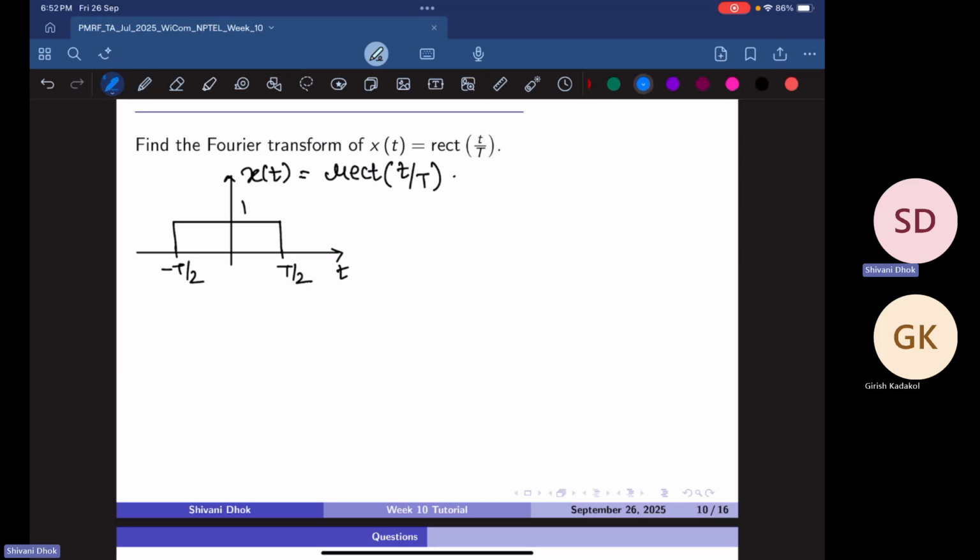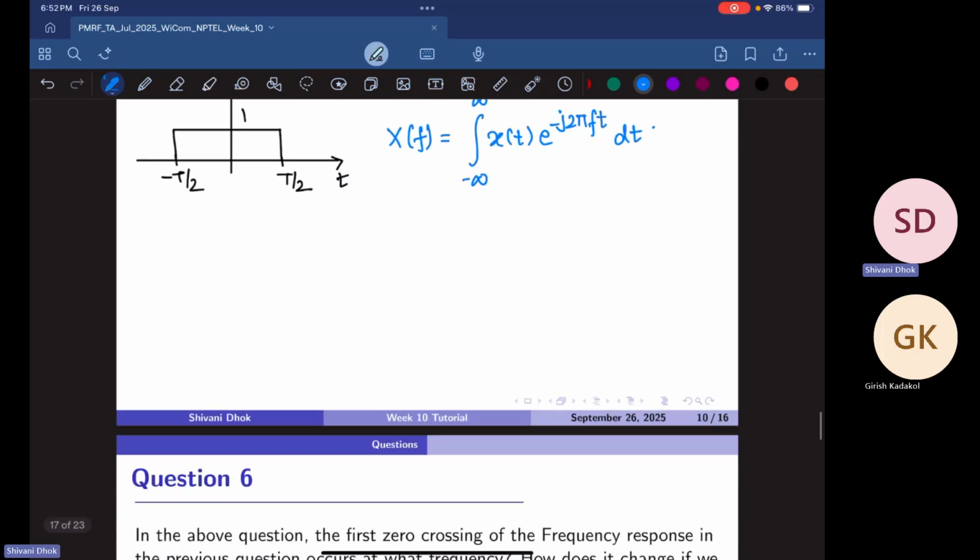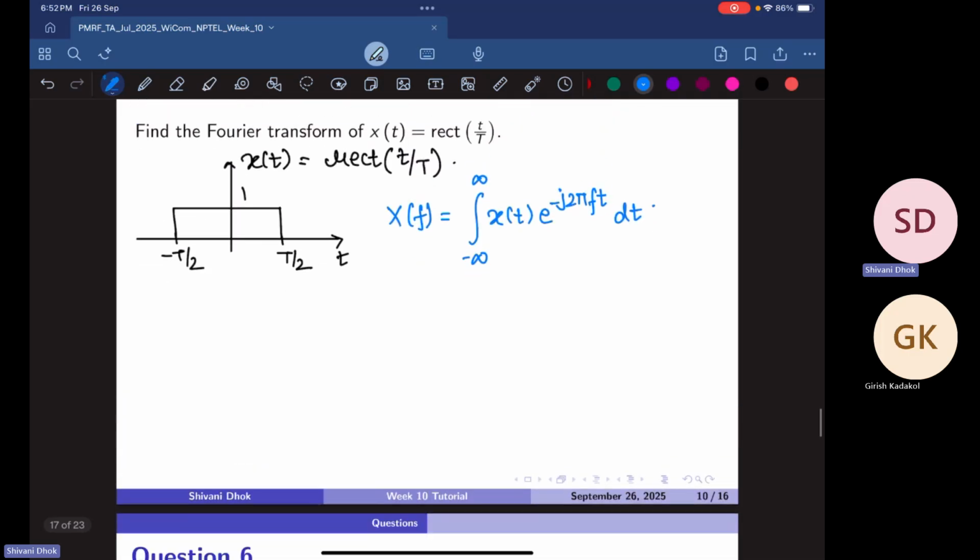Now we need to find the Fourier transform of this. X of f is given by the integral from minus infinity to infinity of x of t into e power minus j 2 pi f t dt. Since x of t is 1 in the range of minus T by 2 to T by 2, the integral limits will be valid only from minus T by 2 to T by 2.